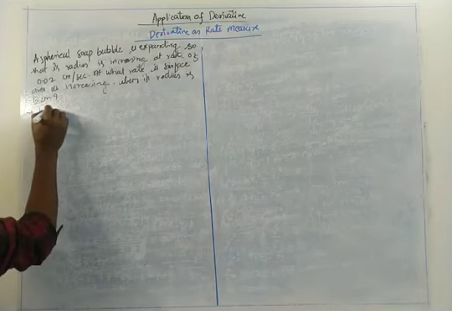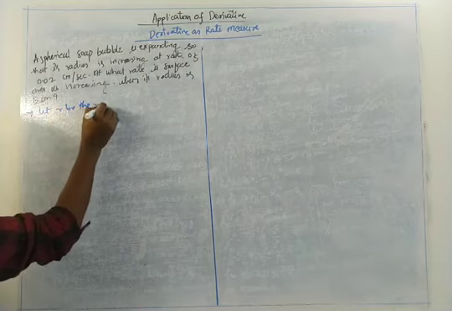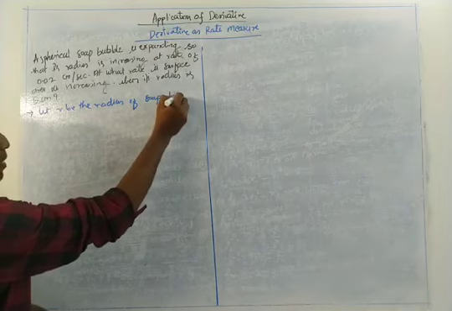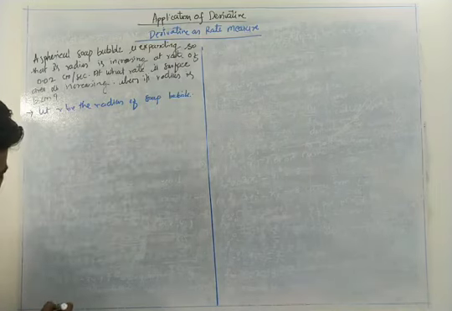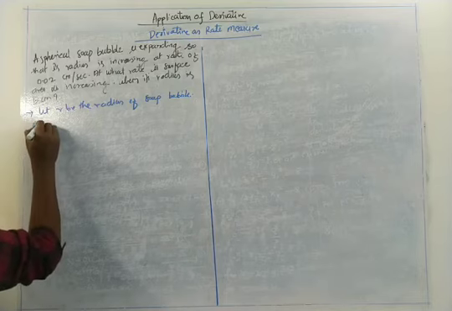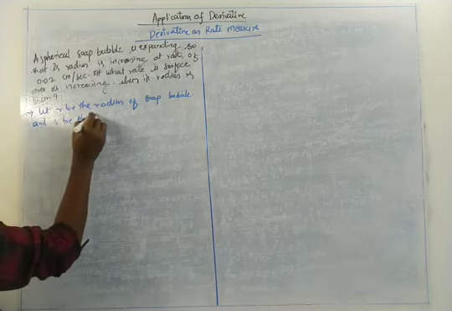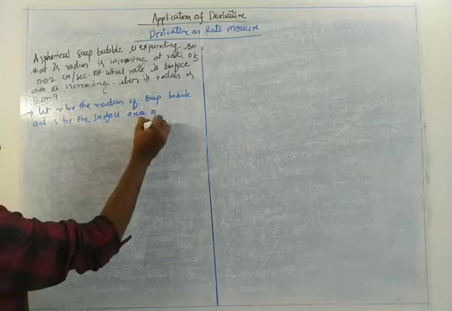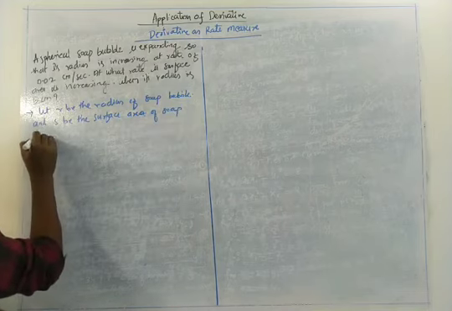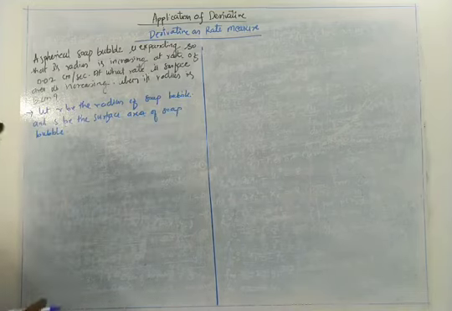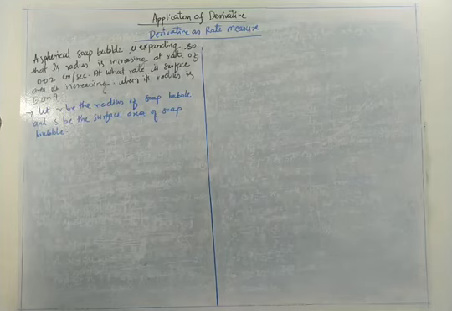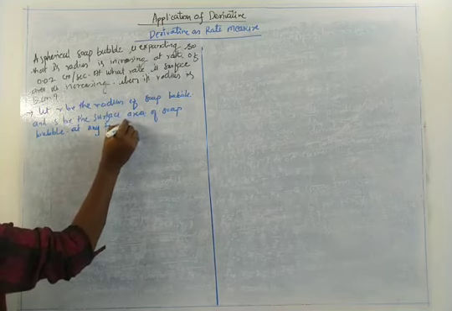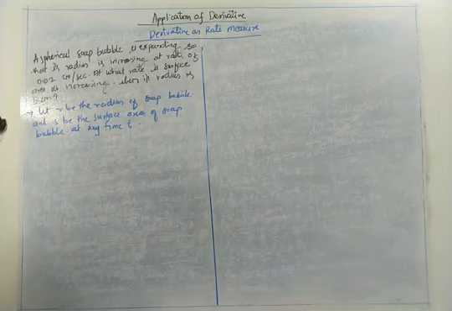Let r be the radius of the soap bubble, and S be the surface area of the soap bubble at any time t.